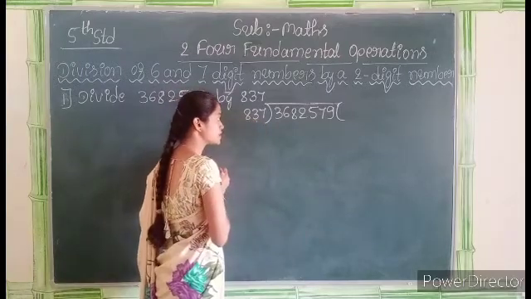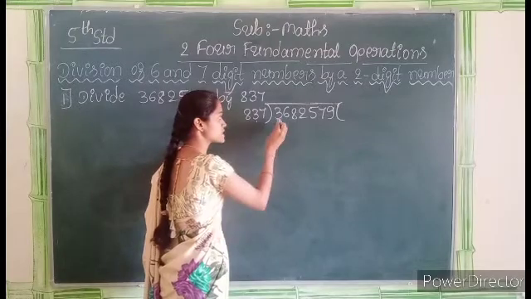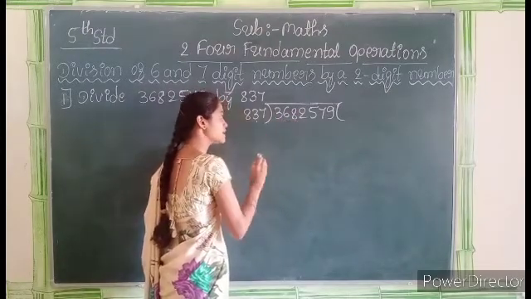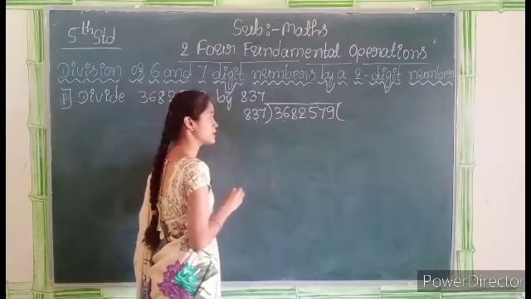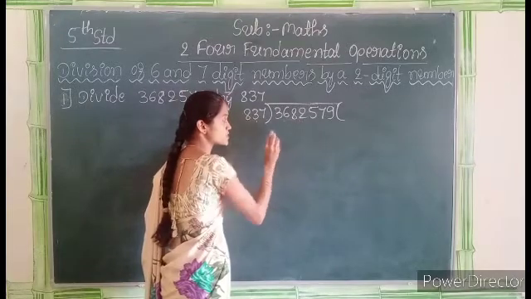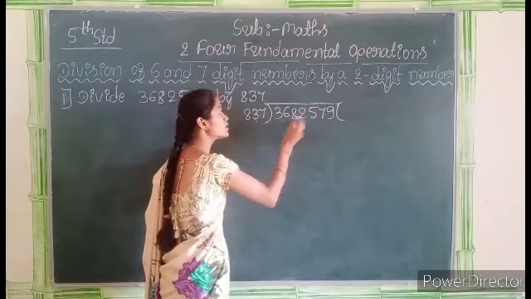That is a 3-digit number, and here we have to consider a 3-digit number, that is 368. But this 368 is less than this 837. That's why we have to consider the 4 leftmost digits of the dividend, that is 3682.